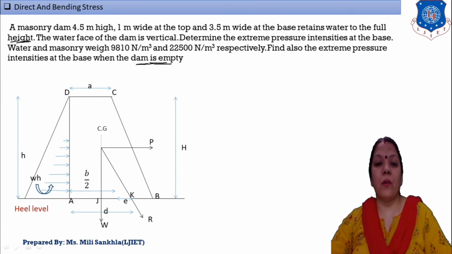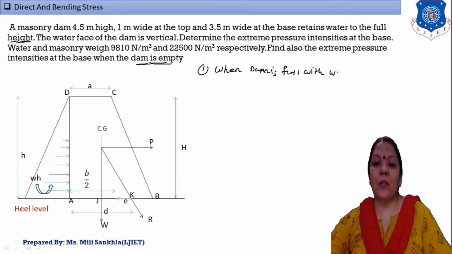First of all here we write the first case, when dam is full with water. Okay, first we find out when dam is full with water.